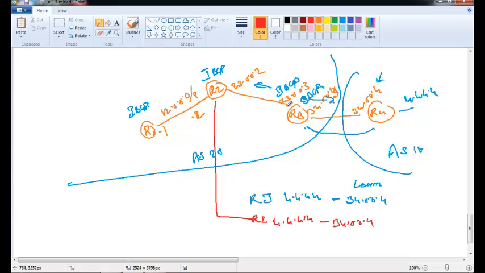Actually, it is learning from where? 23.0.0.3. It is learning from router 3. But the source address will not be changed by default. It will be carried. EBGP's address will be carried when it is advertised to another IBGP.